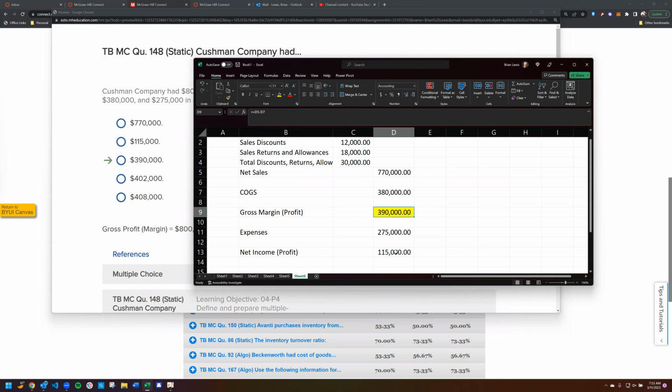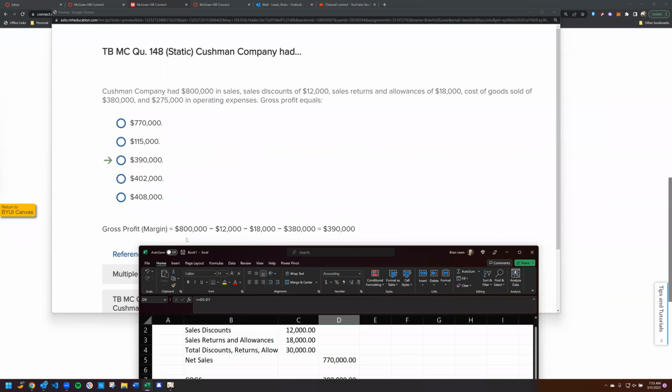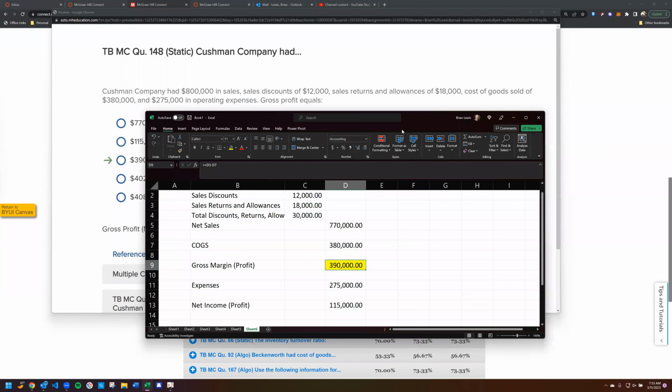It's not gross margin or gross profit. 390 is 402, not on my list. 408, not on my list. So these are absolute no's. These are distractors, and this is the actual number. Okay, and they show you here how they got to their number. The 800 minus the discounts and returns minus the cost of goods sold to get to the gross margin or gross profit.